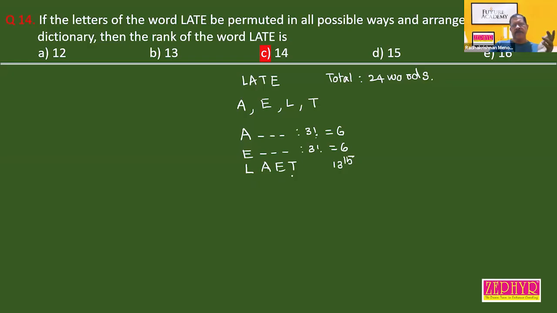And if you interchange E and T, that is LATE, that will be the 14th word. Now, there is a shortcut for this if all the letters are different. That also we can use for solving this question.